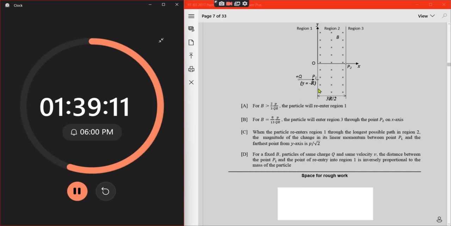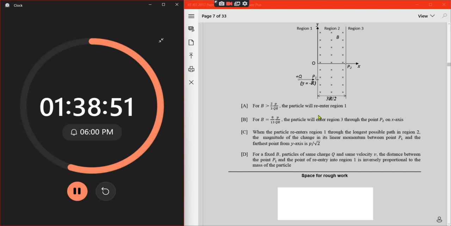Right, multiple choice. Same velocity v. For a fixed b, particle of same charge q, the charge is kept same, same velocity. The distance between the point p1 and the point of re-entry to region 1 is inversely proportional to the mass of the particle.